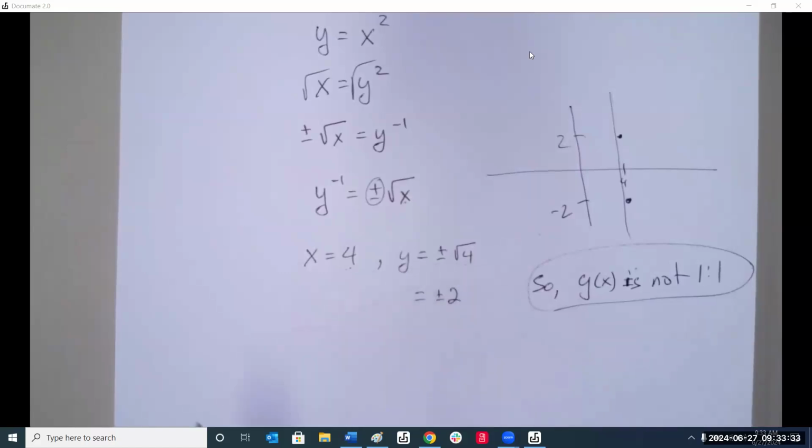But here we have two different outputs for the same input. So that's one test to see if it's 1-to-1. We'll do another one in a second.